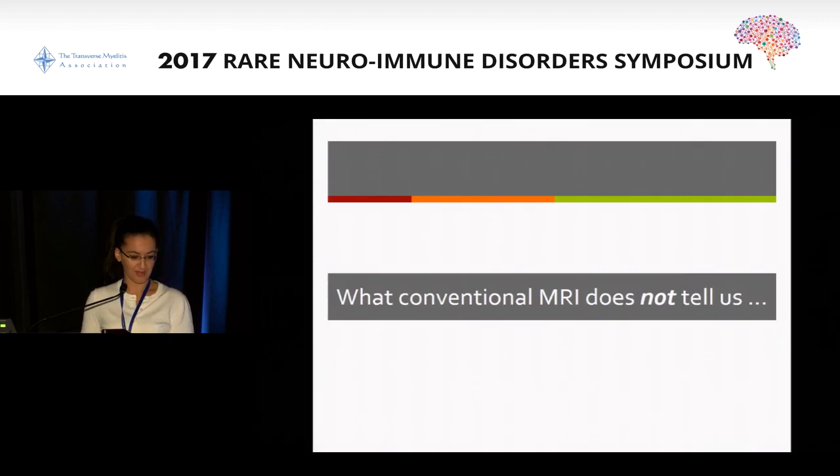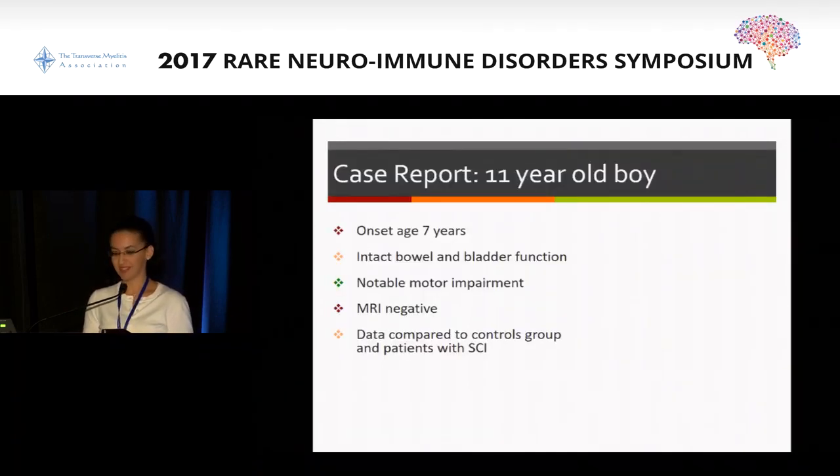Okay, so I'm going to share with you a story on how I got involved in transverse myelitis research. I was doing my PhD dissertation on traumatic spinal cord injuries in Philadelphia, and I met an 11-year-old boy who was diagnosed when he was 7. Four years later, he came to us because he wanted to participate in our research project.